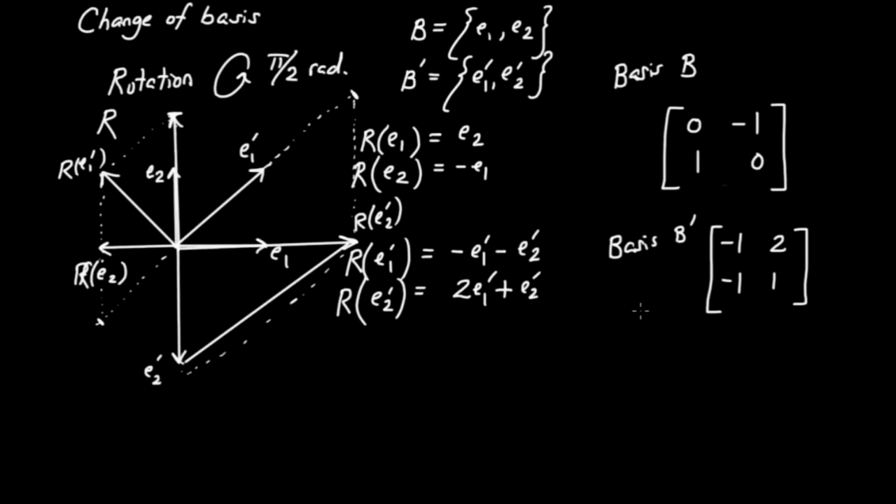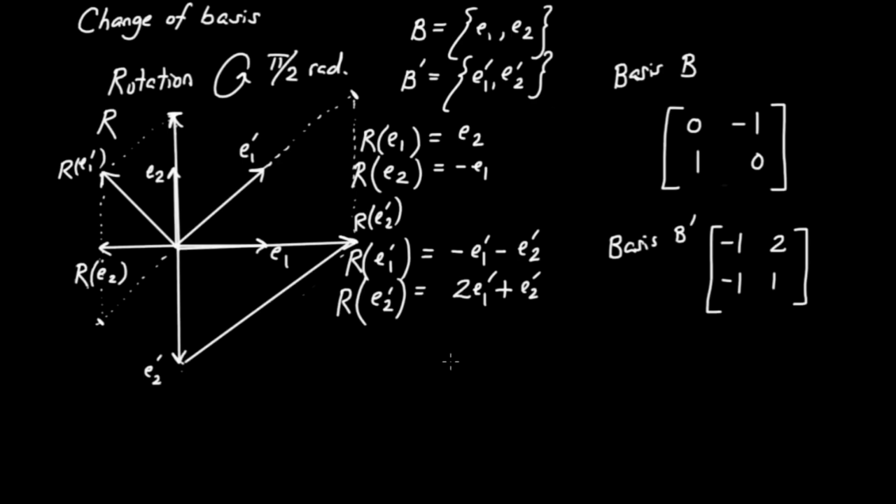But the reason they're different is because we've chosen 2 different bases. This is the representation of that very same linear transformation in this basis. This is the matrix representation for that linear transformation in this basis. So the entries of a matrix, when they represent a linear transformation, are basis dependent.